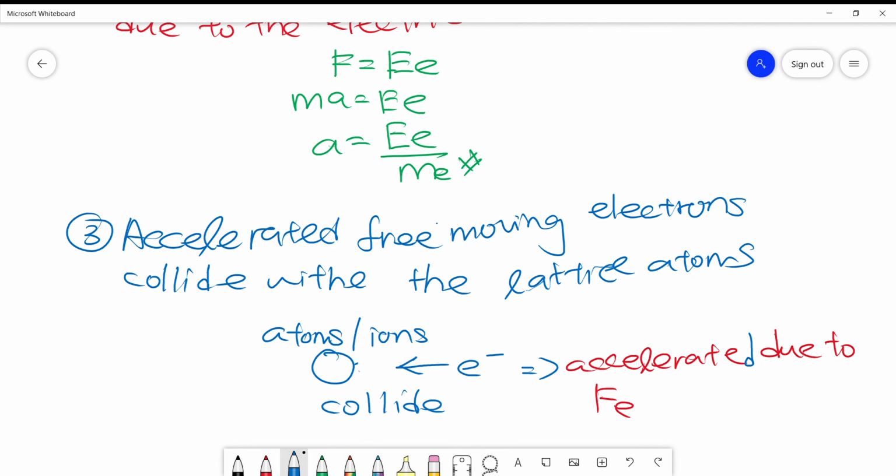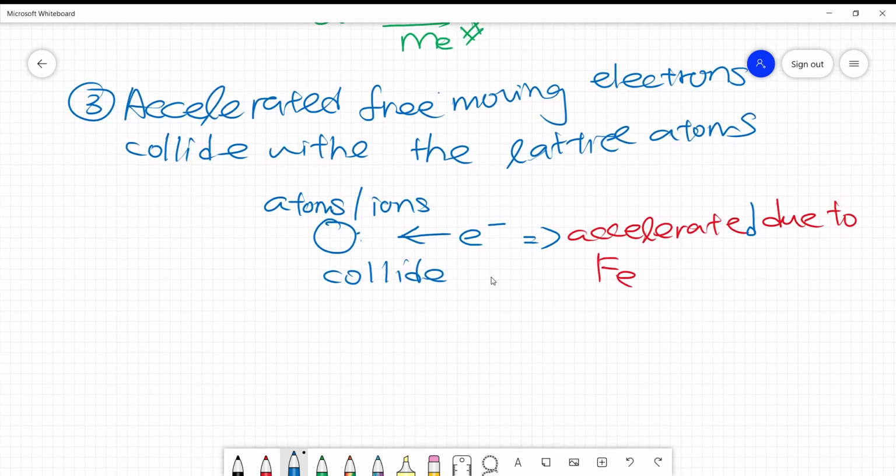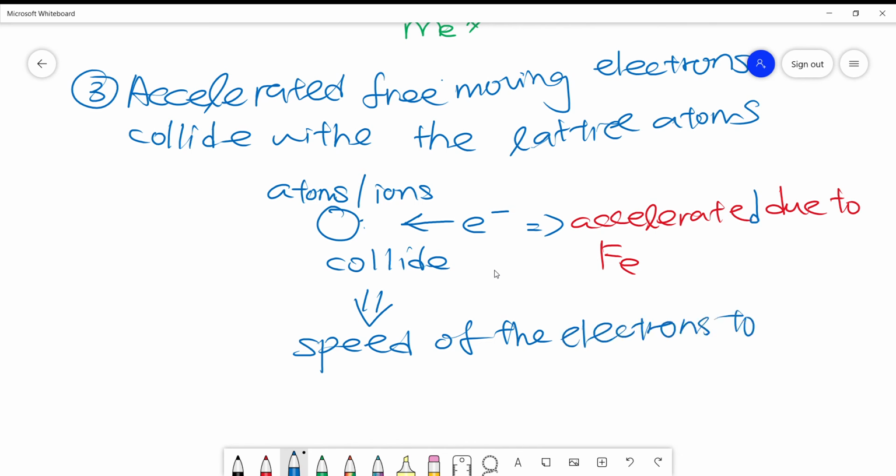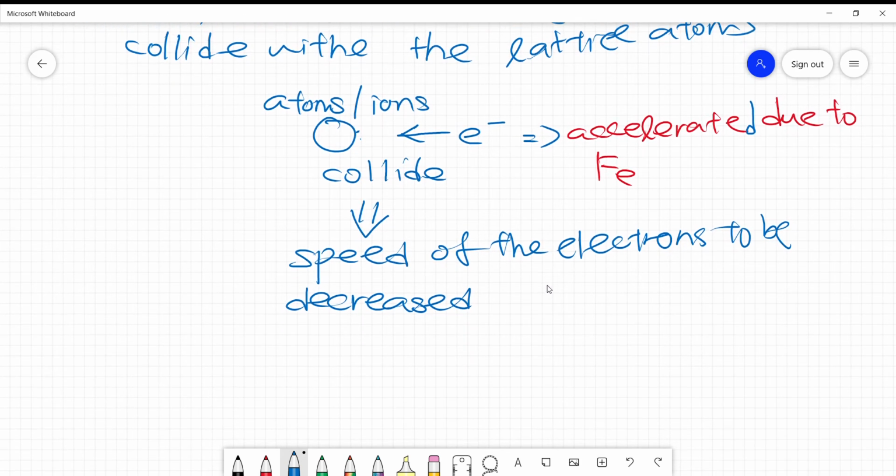So the collision between the electrons and the atoms can cause the speeds of the electrons to be decreased.